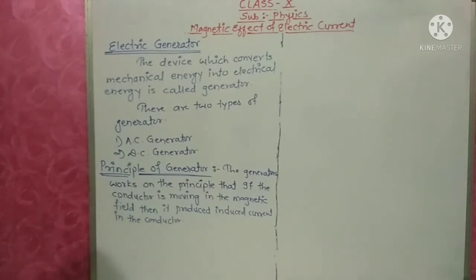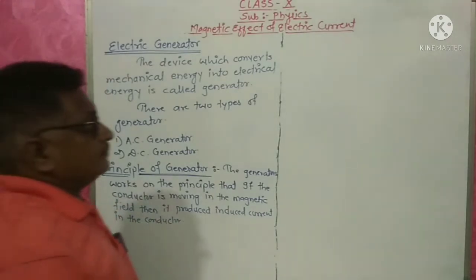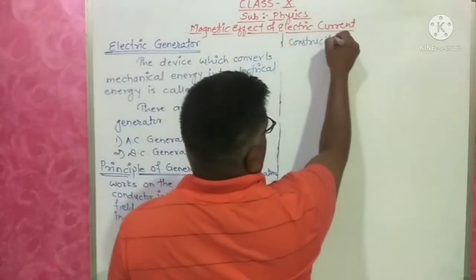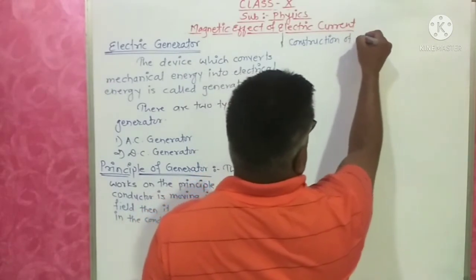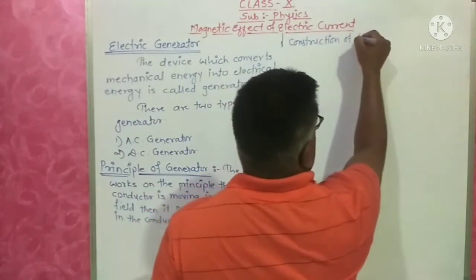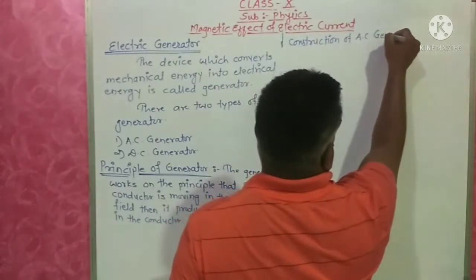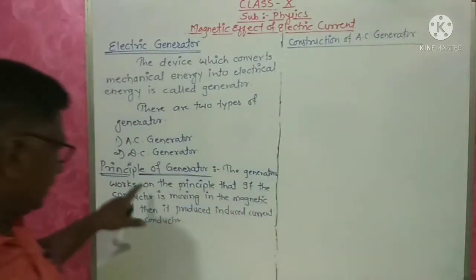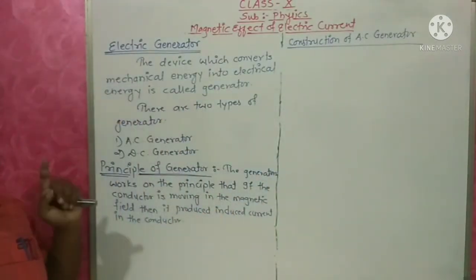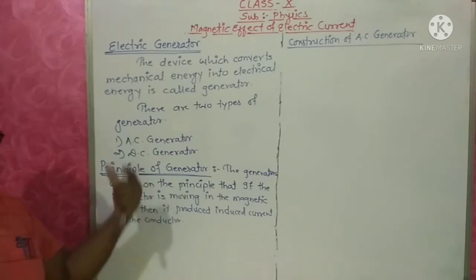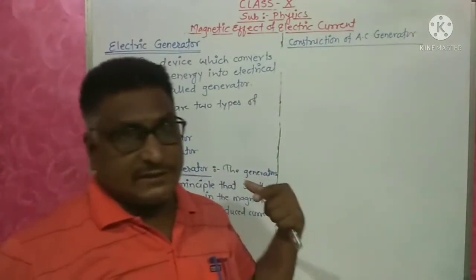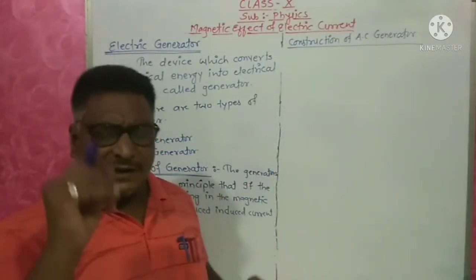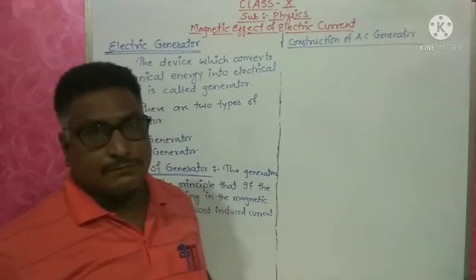So what is the construction? Construction of generator, AC generator. Principle is the same for AC and DC generator, but construction and working are different. A little difference is there, not a big difference.